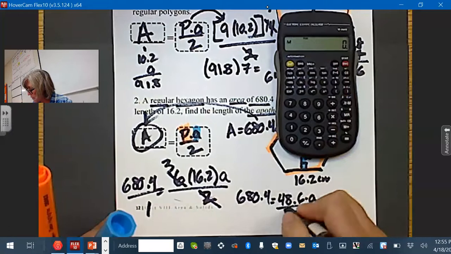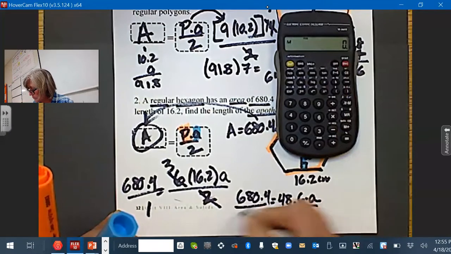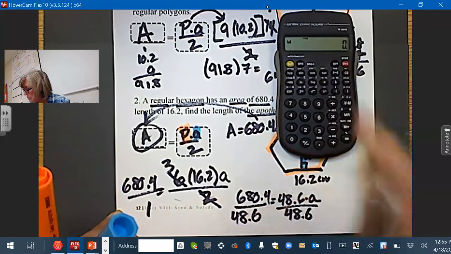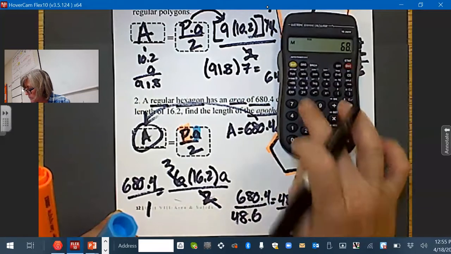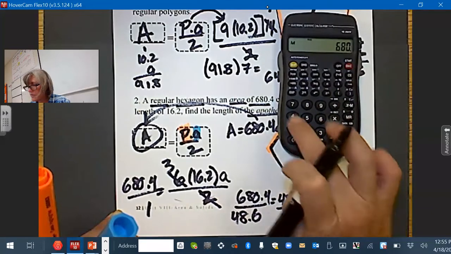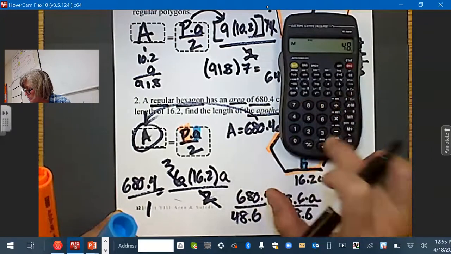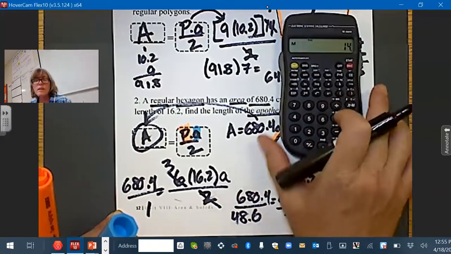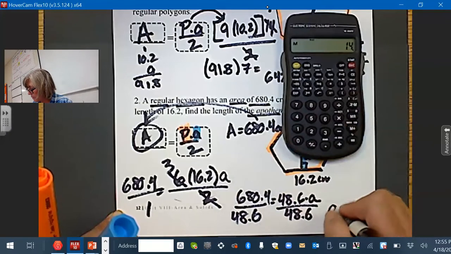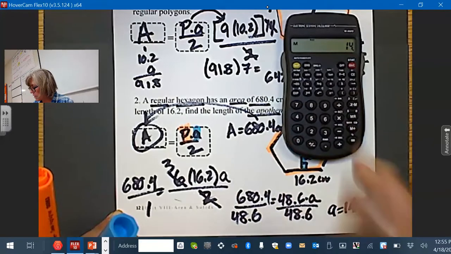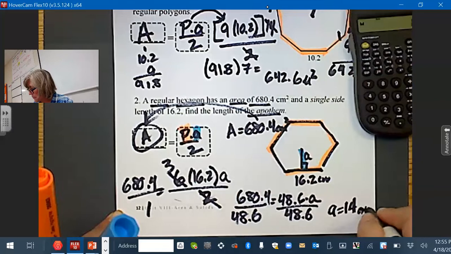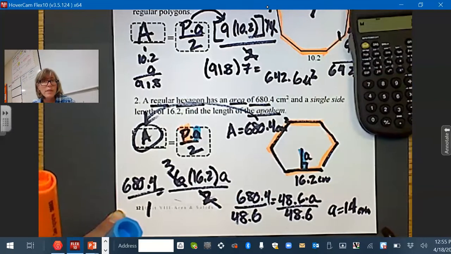Of course, you divide that out. 680.4 divided by 48.6, and we get our apothem is 14. Check for units, cm. If there's units in your problem, there needs to be units in your answer.